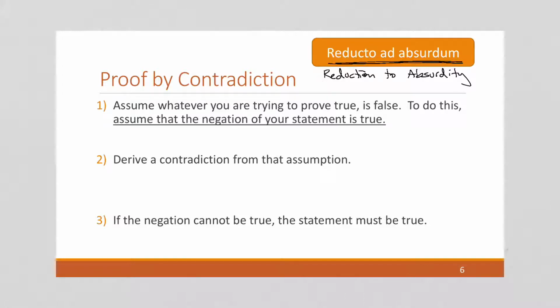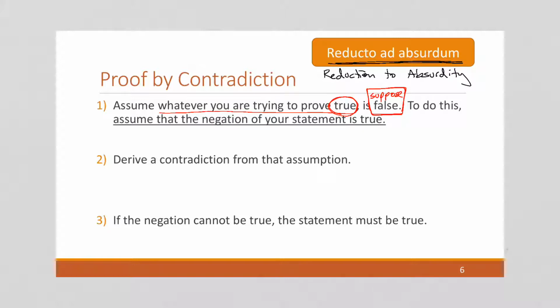What we're going to do is take whatever we're trying to prove true, and we're going to suppose that it's false. Right? What does this mean? This means we have to assume the negation of the statement is true.